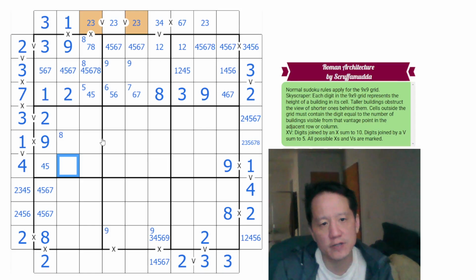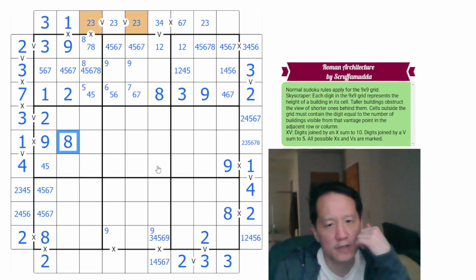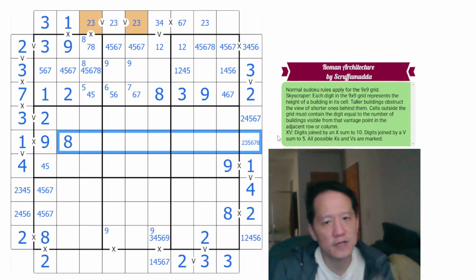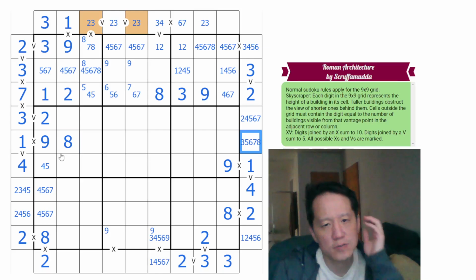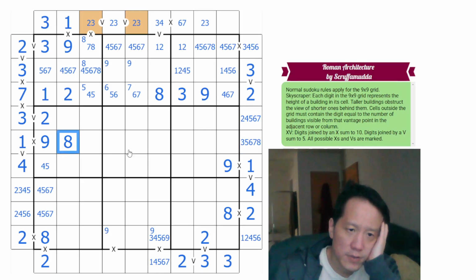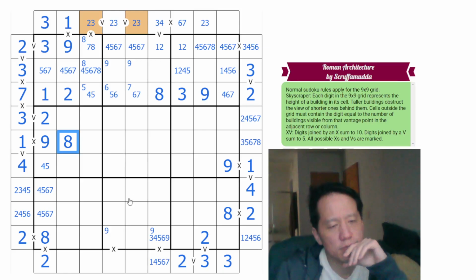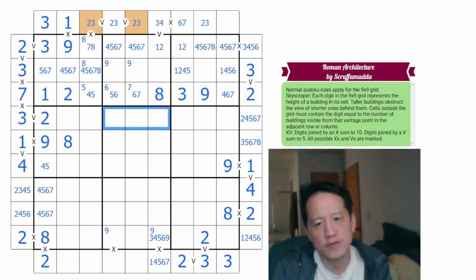So this can't be 8. This has to be an 8 then. So this sees at least 3 here. So this can't be 2. Hmm. 9 has to be one of these 3 here.